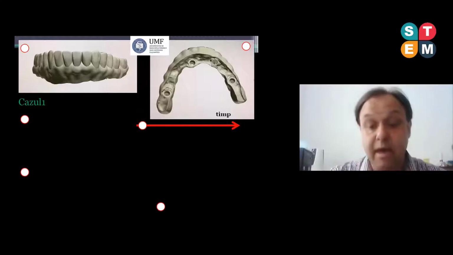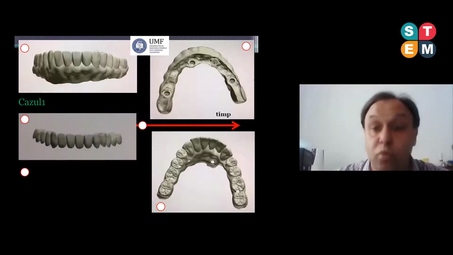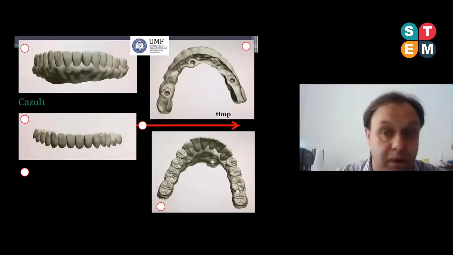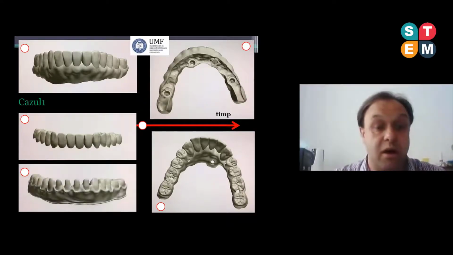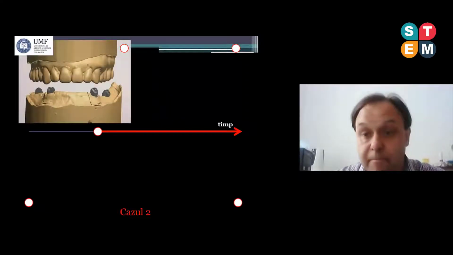Everything is fine, and we go on to work. It's a larger work. We can't make it from one piece because it's complex, and we'll have a dental part and a bone-structure gingival part, and everything will be okay.